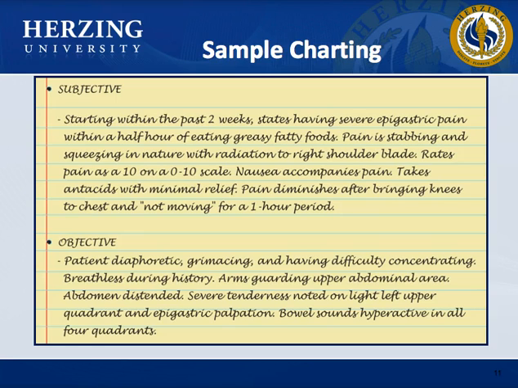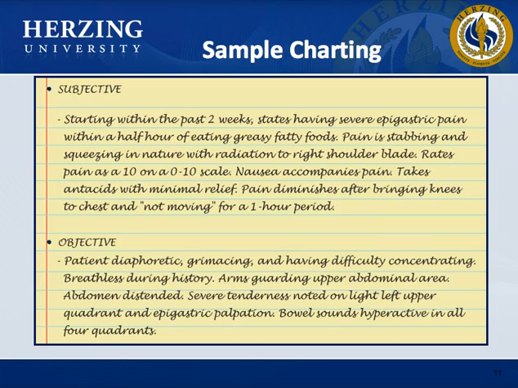Pain is stabbing and squeezing in nature with radiation to the right shoulder blade. Rates pain as a 10 on a 0 to 10 scale. Nausea accompanies pain. Takes antacids with minimal relief. Pain diminishes after bringing knees to chest and not moving for a 1 hour period.